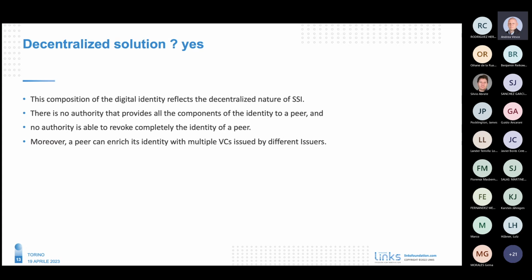So there is no single authority, as in a centralized system, that provides me such an identity, and there is no one single authority that is able to completely revoke the identity of a peer. Moreover, a single object in the infrastructure can have one or multiple verifiable credentials. So to see the decentralized nature, we need to think about decisions.